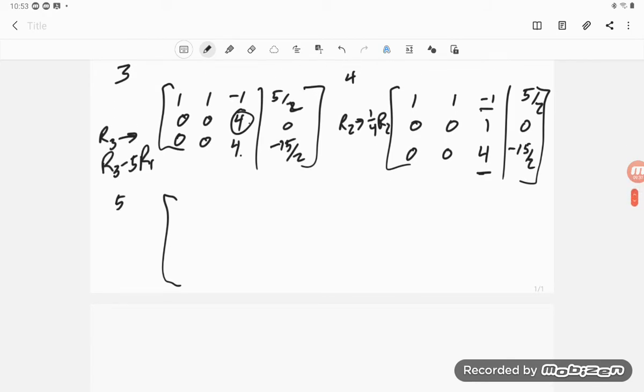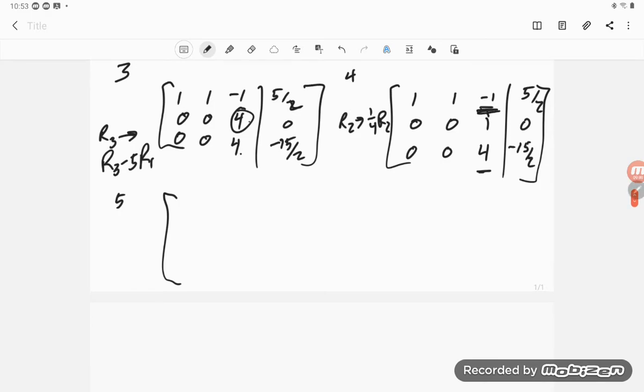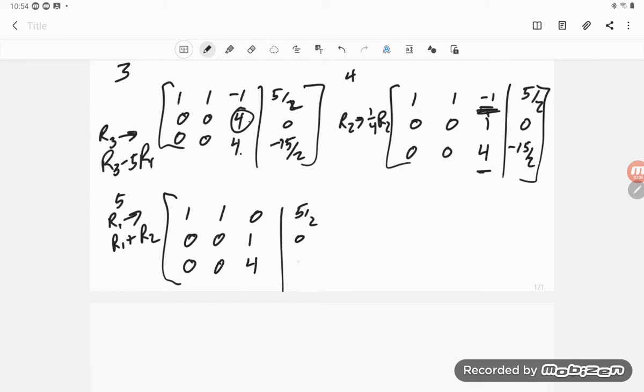I guess actually I'm going to do one thing at a time. So I'm going to get rid of that -1. So I'm simply going to replace row 1 with row 1 plus row 2. And when I do that, I'll get 1, 1, and -1 plus 1 is 0, and 5 halves plus 0 is 5 halves. And then I have 0, 0, 1, 0, and 0, 0, 4, and negative 15 over 2.